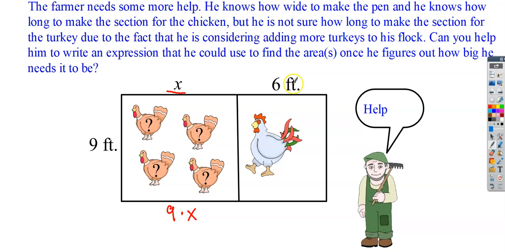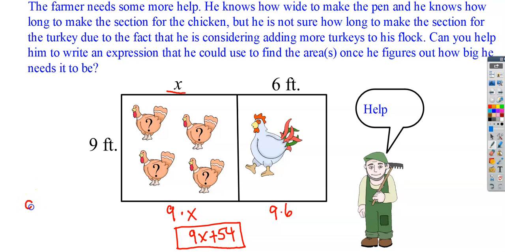The area of this square is 9 times 6. Okay, so this becomes 9x plus 54. So here's what you could tell the farmer, right? If he knows what the value of x is, he can plug it into this expression and tell you the area of the 2 pens.